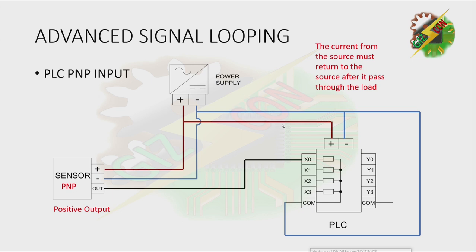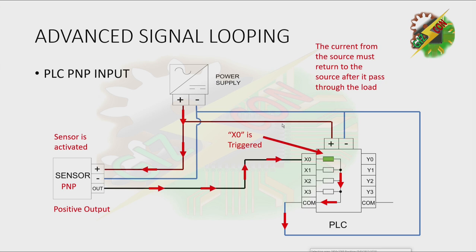Now let's try it with a PNP input. This is the current to energize the PLC and the sensor. Now let's say the sensor is activated. It will draw a positive signal from our power supply and it will use it to send a signal to our PLC, and the positive signal will enter X0.